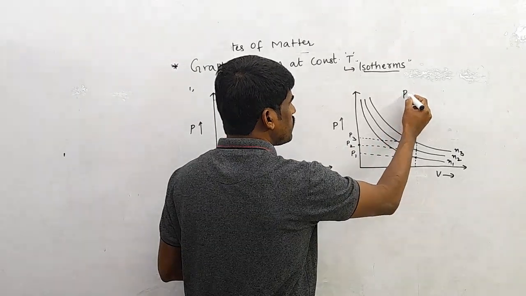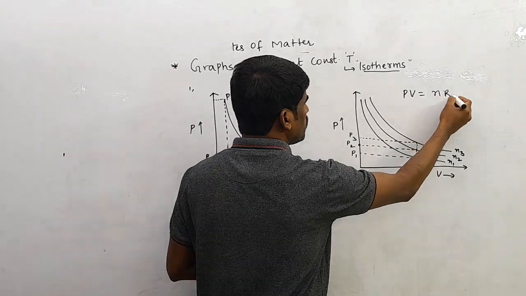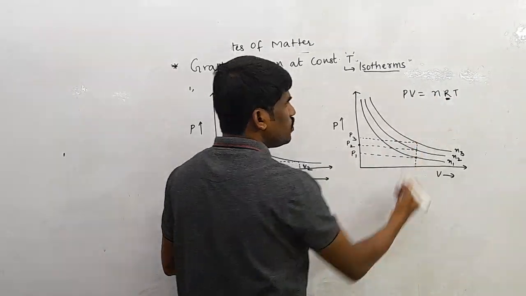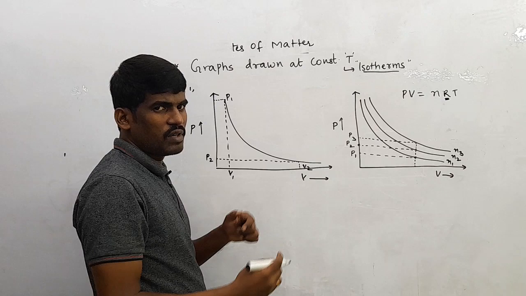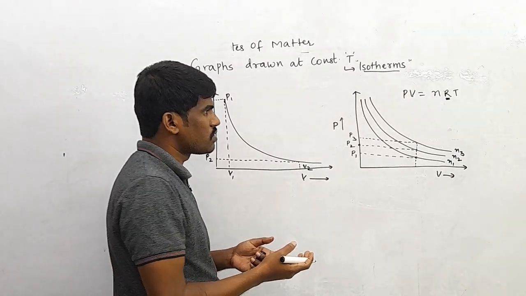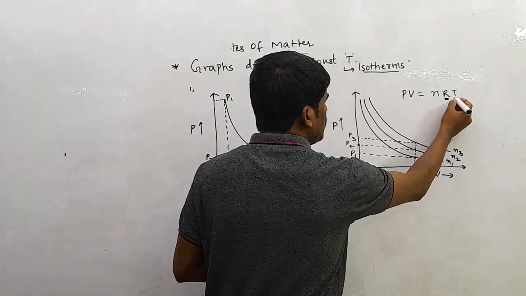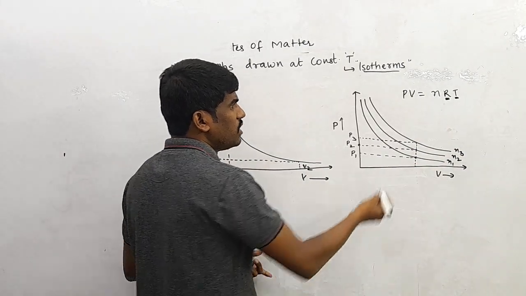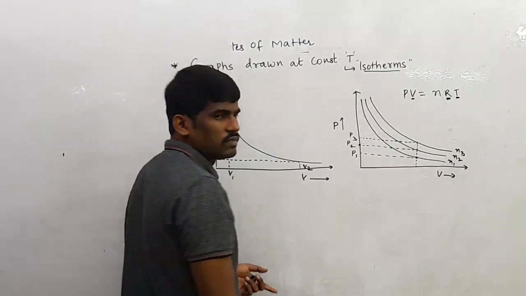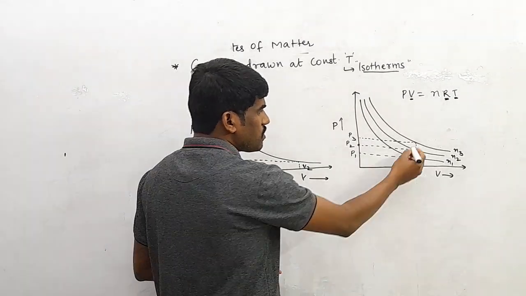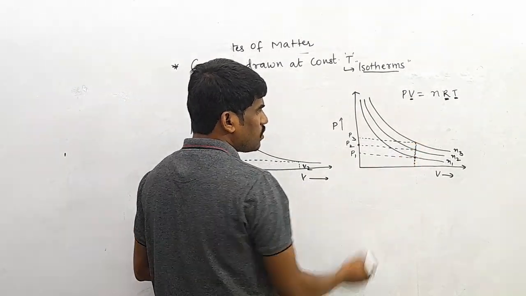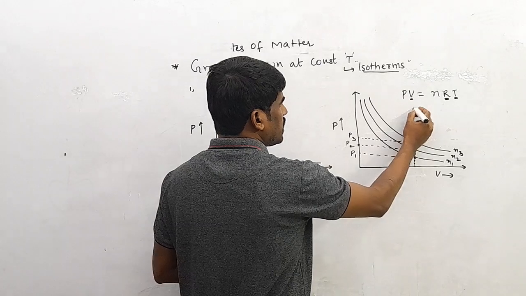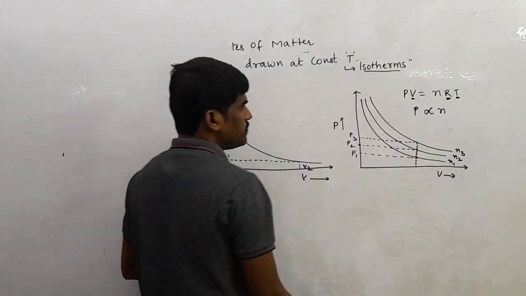We know the ideal gas equation, that is PV is equal to nRT. R is anyway the universal gas constant, that we are going to keep constant of course, and temperature is anyway constant, right, at a constant temperature only. Volume is also constant because we are assuming that volume is also kept constant, and then pressure is directly proportional to n.